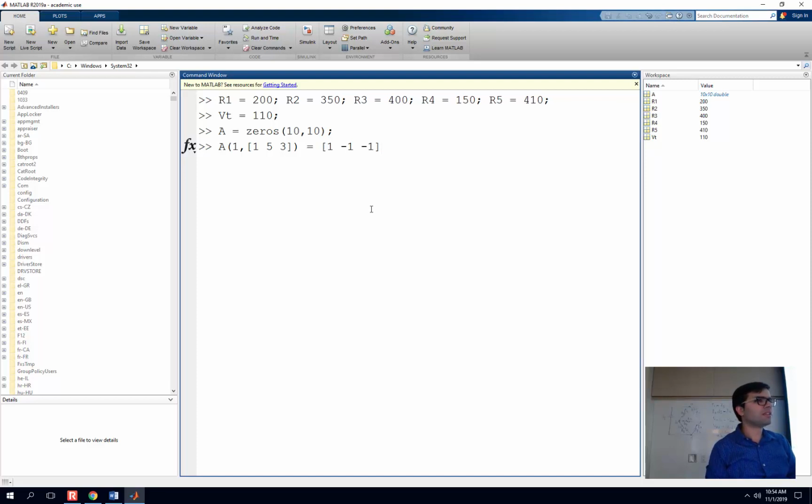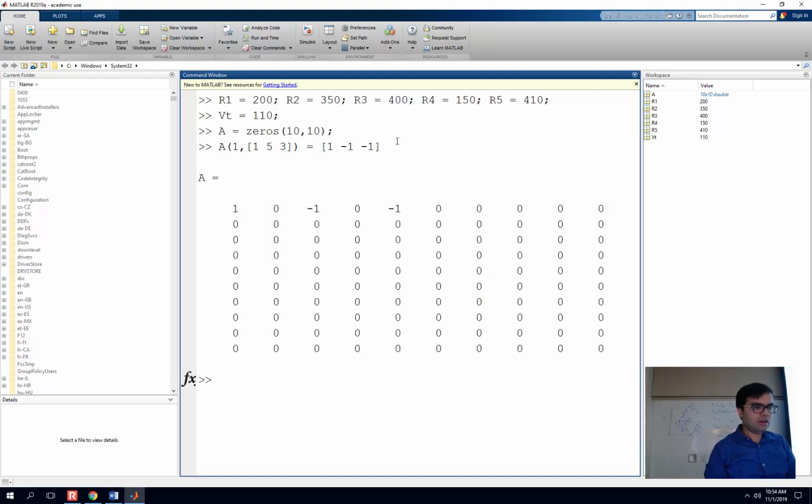Does that make sense? I'm replacing the first row, column 1, column 5, column 3 with 1, negative 1, and negative 1. So that was my first equation.